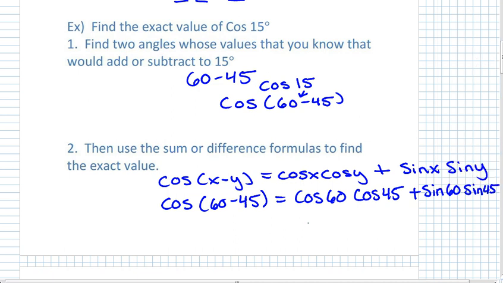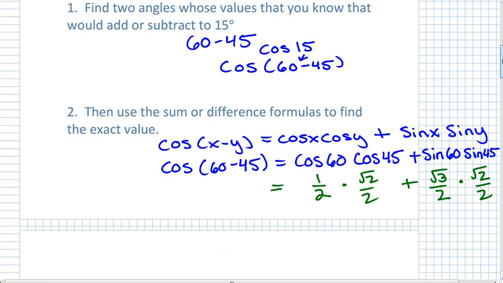So then the cosine of 60, and I can figure that out, is 1/2, and the cosine of 45 is the square root of 2 over 2. The sine of 60 is the square root of 3 over 2, and the sine of 45 is the square root of 2 over 2.